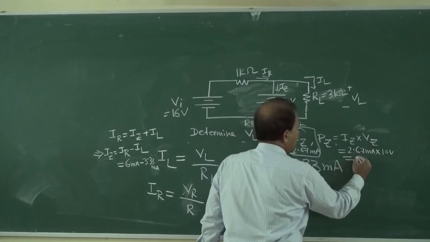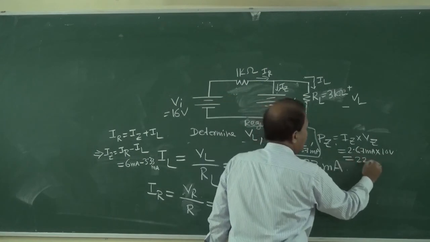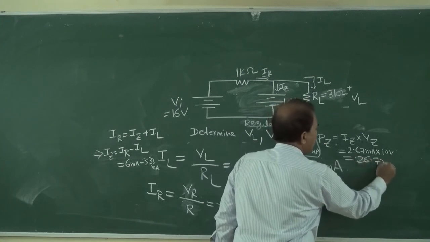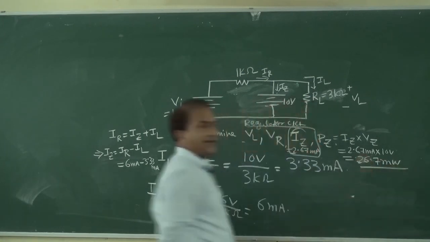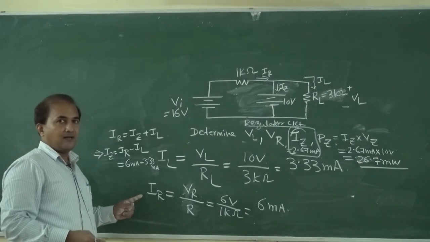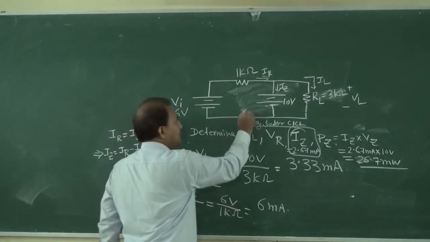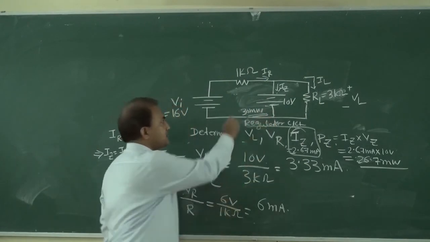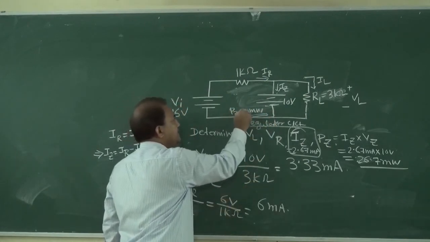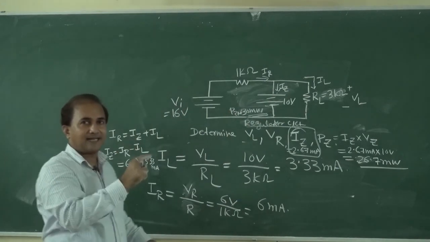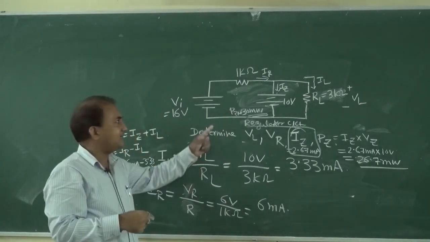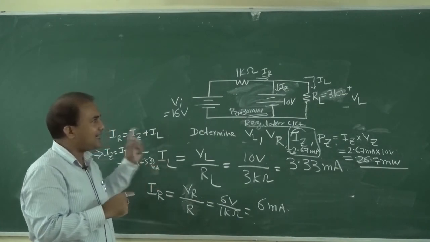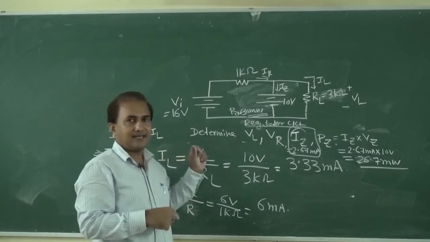So in this way it is equal to 26.7 milliwatt, which is less than 30 milliwatt. Okay, this PZM is the maximum value of power that it can withstand, and 26.7 milliwatt is lesser than PZM. So in this way we can analyze any regulator circuit.